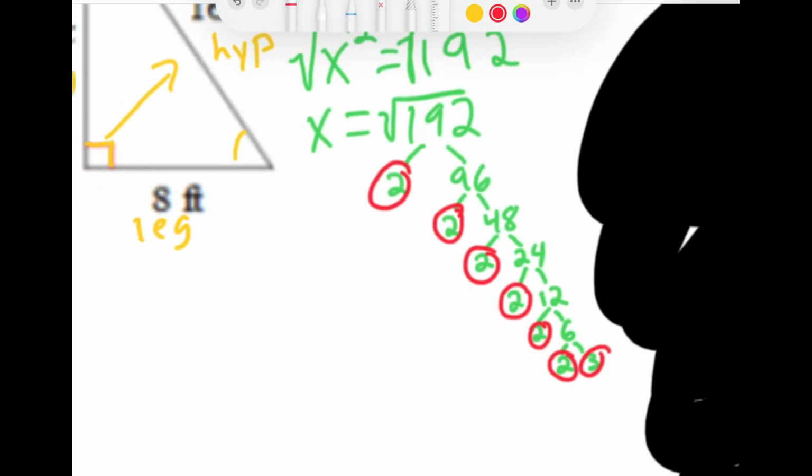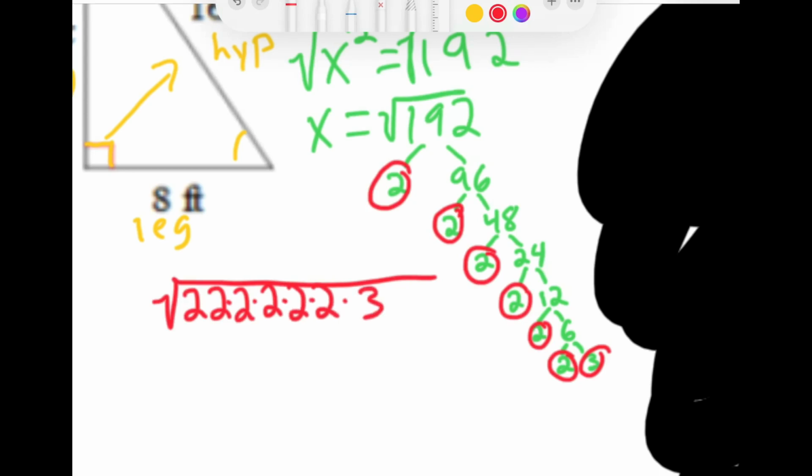We're going to put all of these numbers underneath a radical. So we've got 6 twos, 1, 2, 3, 4, 5, 6, and 1 three. And because our imaginary index is 2, hopefully you will know that, we're looking for pairs of the same numbers to move out of the house.